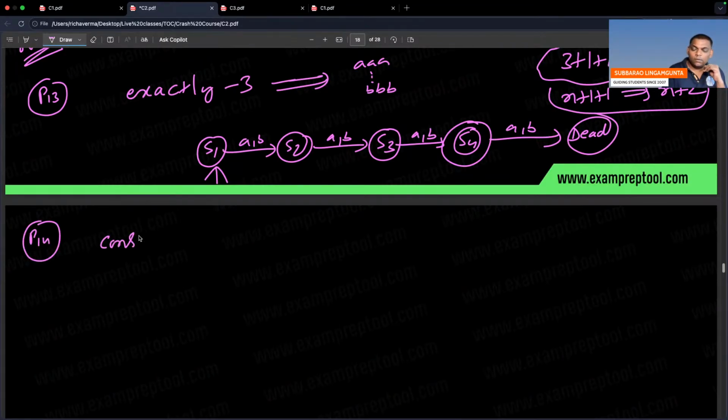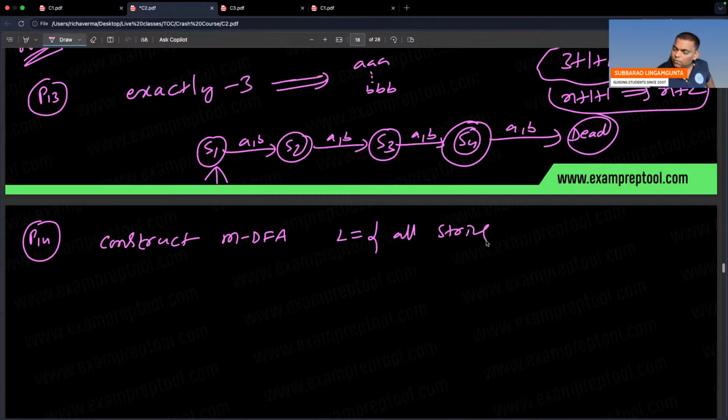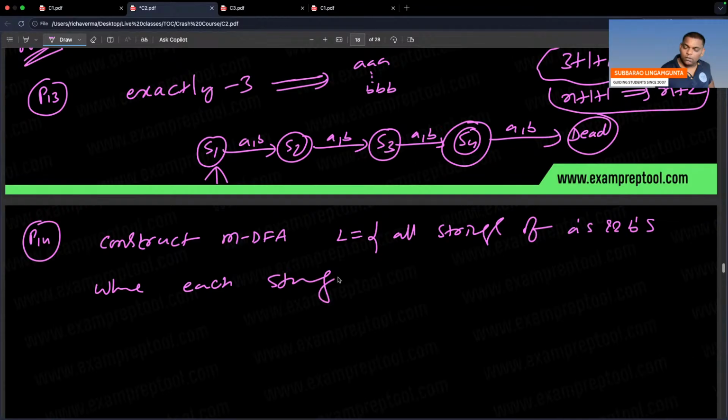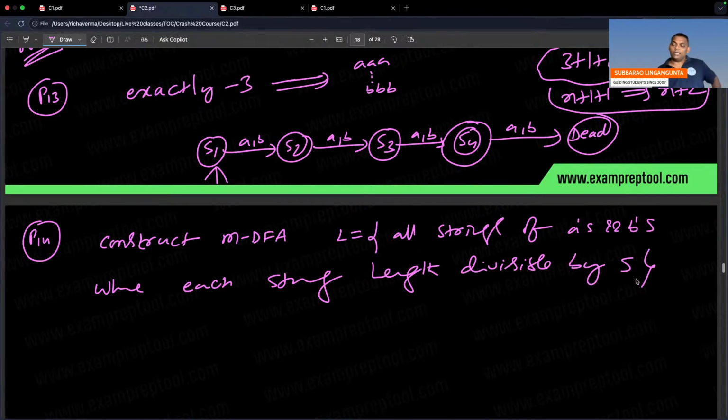Construct minimal DFA for the language L equal to all strings of A's and B's where each string length is divisible by 5. Here only the length matters, A or B doesn't matter.